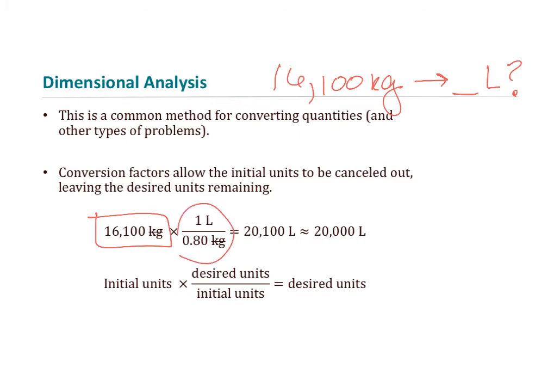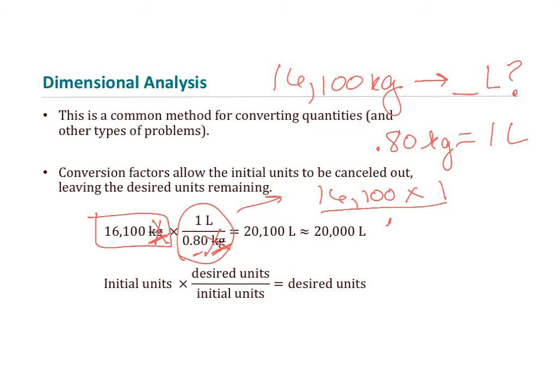You need a conversion factor between kilograms and liters. And in this case, they gave it to you. They said there's 0.8 kilograms. So it would be written like this, 0.80 kilograms equals 1 liter. And you would arrange it so the units of the given information are on the diagonal, and those units are going to cancel out. And so the math here is then 16,100 times 1 divided by 0.8.